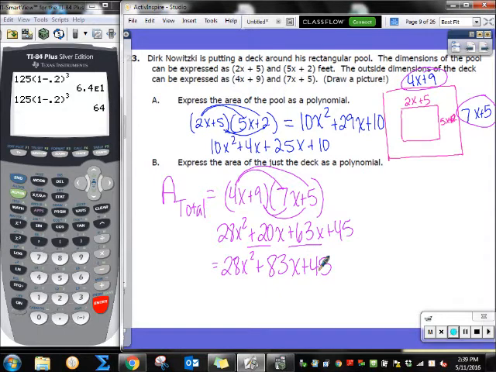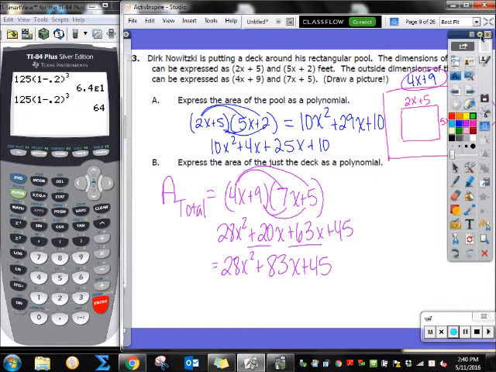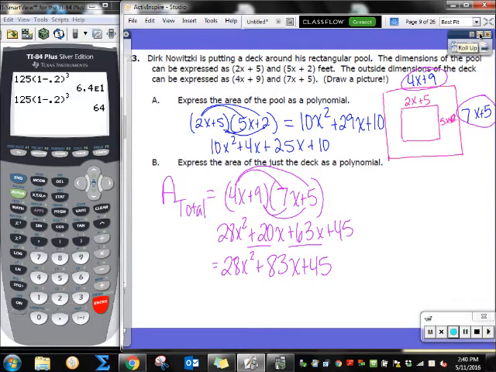Last step, we have to subtract. So we have to subtract the total, and I'm going to add it on here just so that I have a little bit less stuff to write. So I'm going to say minus, and then I'm going to take the area of the pool, 10x squared plus 29x plus 10.